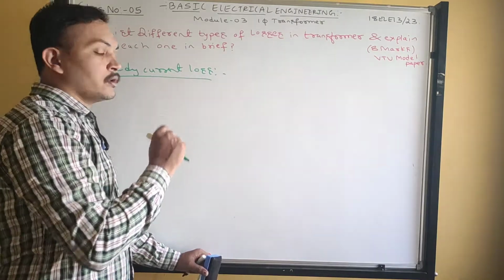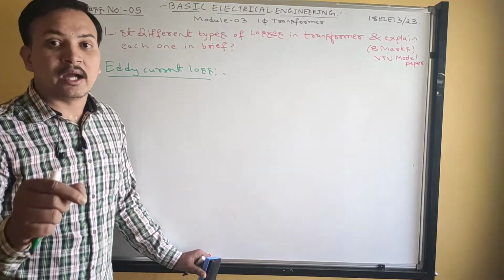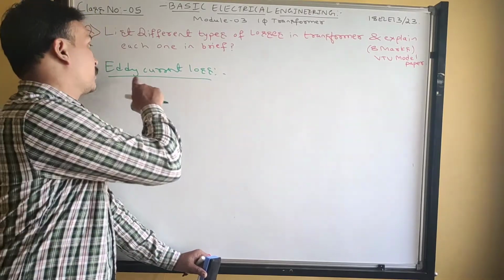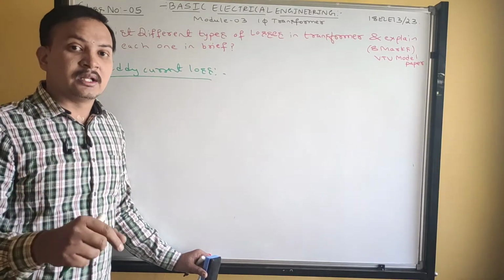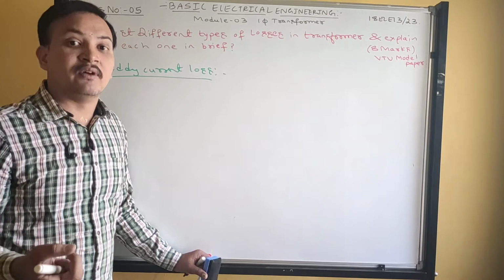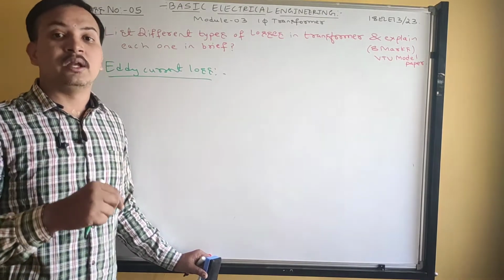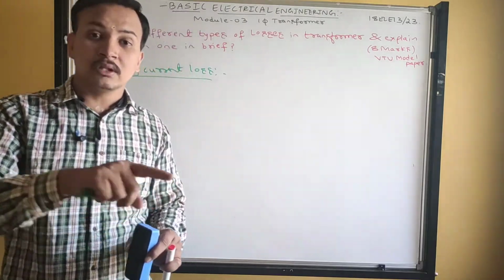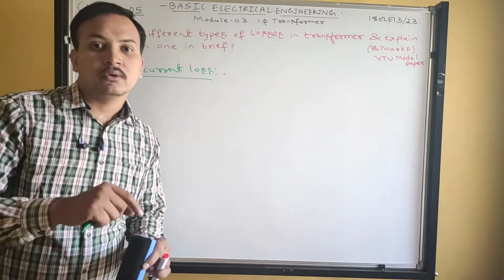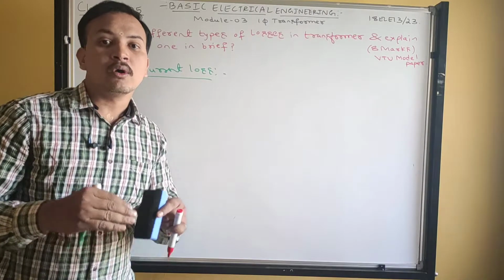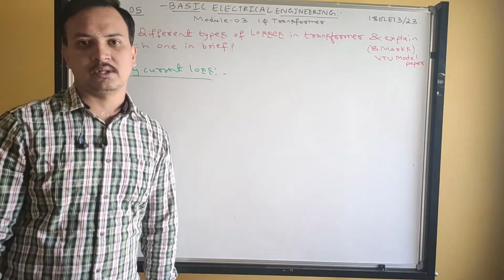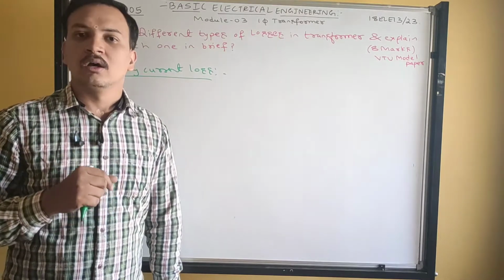The core material has good conducting properties, so it cuts the magnetic field and an EMF is induced. That induced EMF circulates current within the core itself. That current produces heat, and that heat is nothing but power loss, so called eddy current loss.